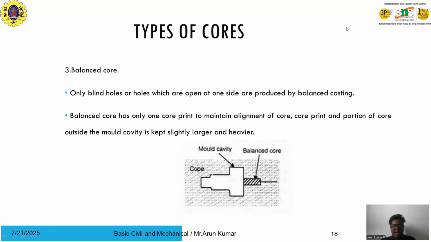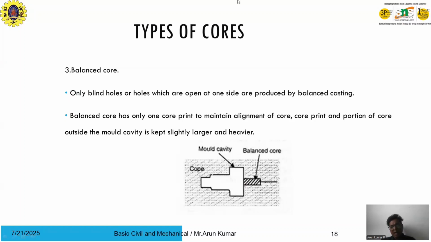The balanced core is used for a blind hole, or a hole which is open at one side, produced by balancing the casting. The purpose is that only one core print is used to maintain the alignment of the core. The portion of the core outside of the mold cavity is kept slightly larger and heavier.